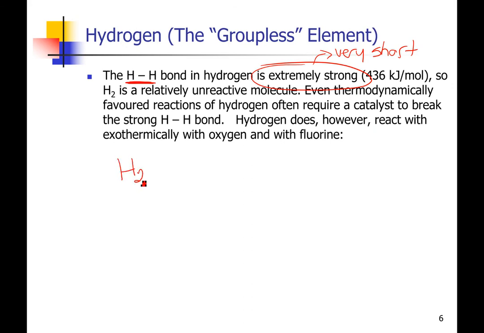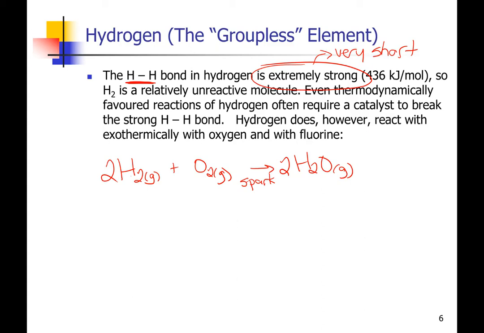So once we have enough energy to start the reaction between hydrogen and oxygen to make water, then we get a reaction that looks like this. But it does require some sort of spark or fire or significant external energy input to get that reaction going.